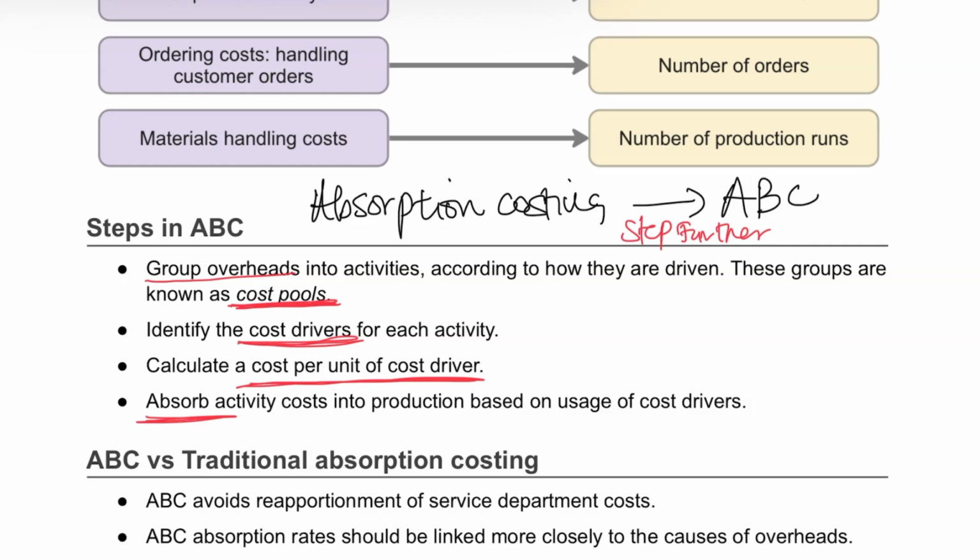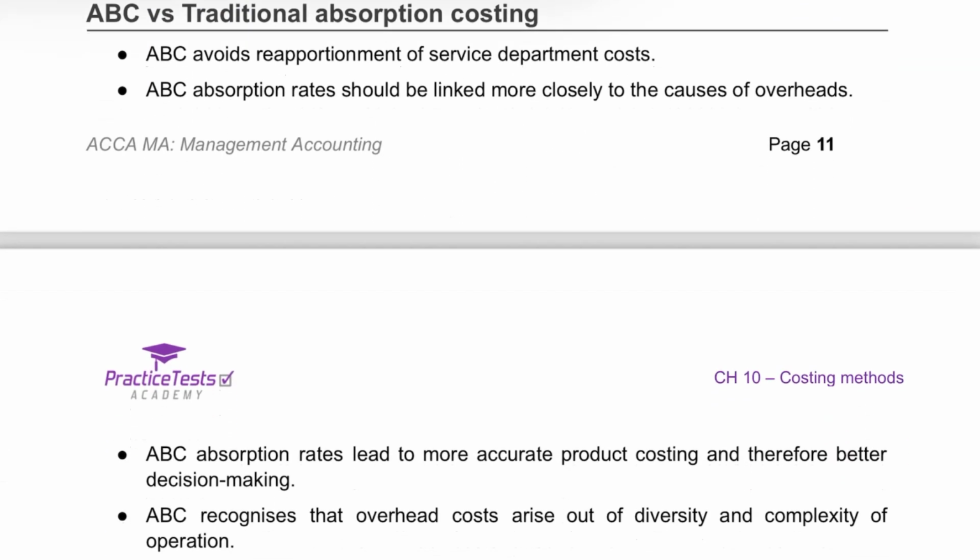So identify overhead costs, put them into cost pools, then we identify what drives them, then we allocate them to cost units, we identify the cost per unit of the driver we identified, and then we absorb them into individual products. Now, the difference between activity-based costing and traditional costing is activity-based costing is more detailed.